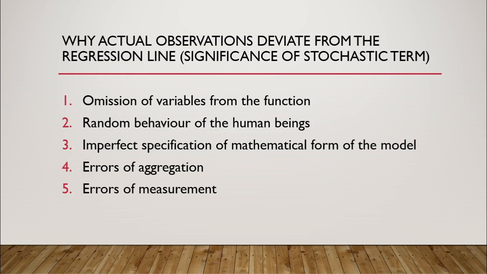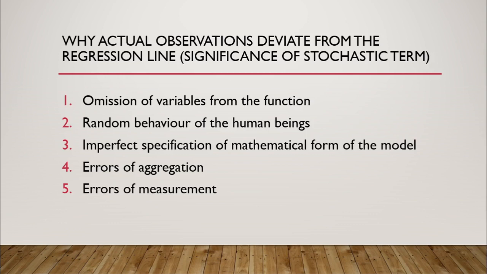So we have to omit many variables which can influence the dependent variable from a regression equation. So omitted explanatory variables are an important reason for the deviation of observations, and in any regression model, the stochastic term represents all the explanatory variables that are omitted from the function. So that is one of the major reasons for deviation of observations from the regression line.